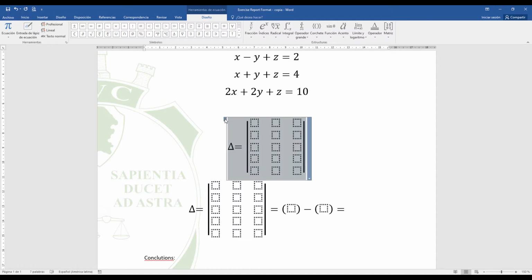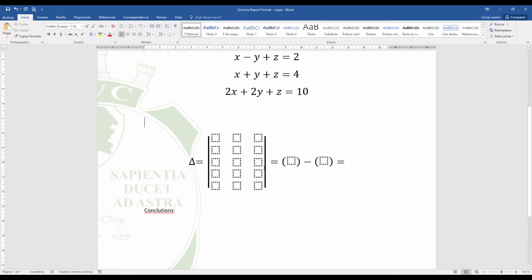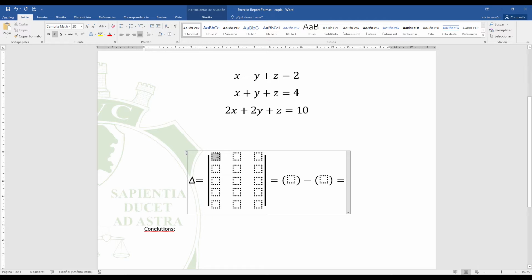This is the way you need to do it. Here you will use the coefficients of the variables. In that case they are 1, 1, and 2. Here is minus 1, 1, and 2, and here is 1, 1, and 1.